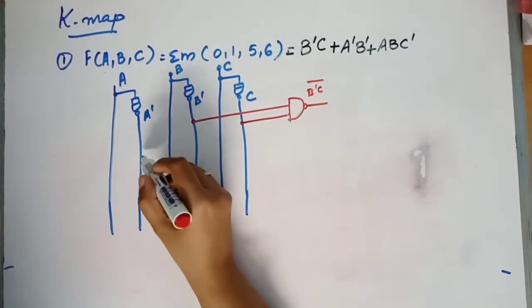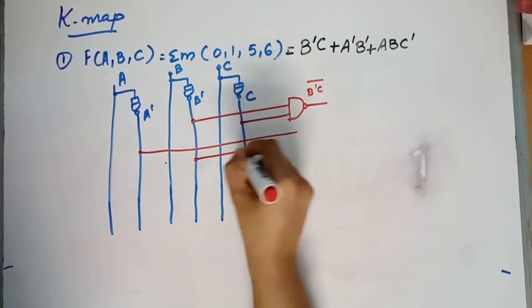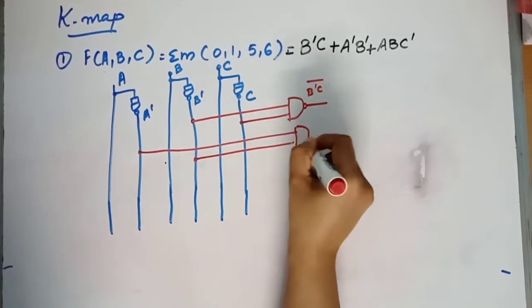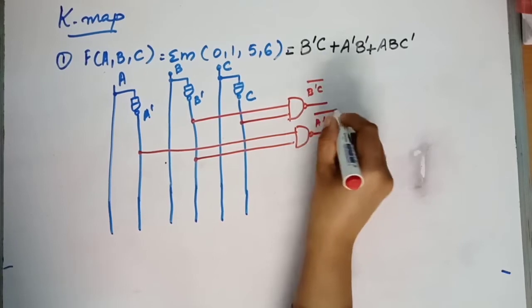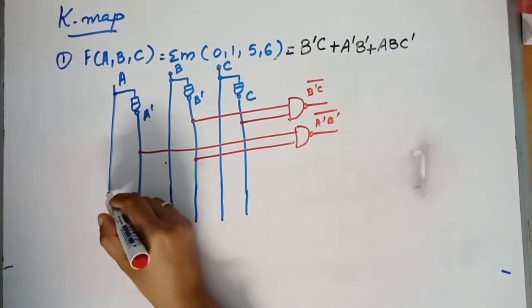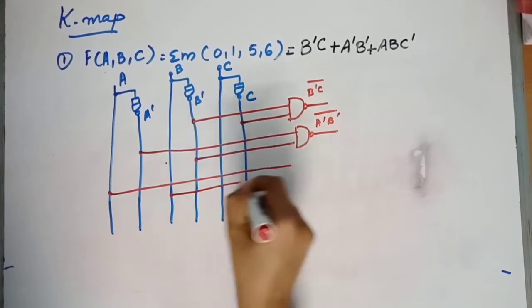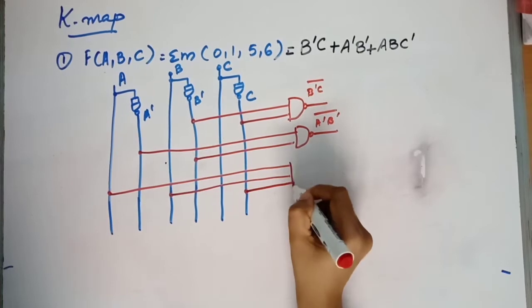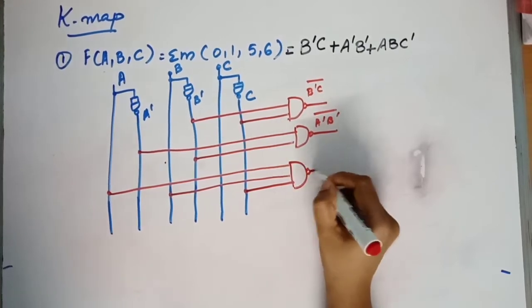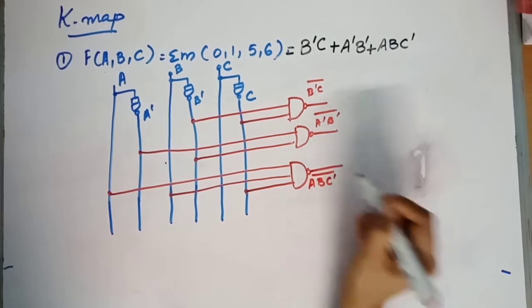A bar B bar, A bar B bar the whole bar. A B C bar, A B C bar the whole bar.